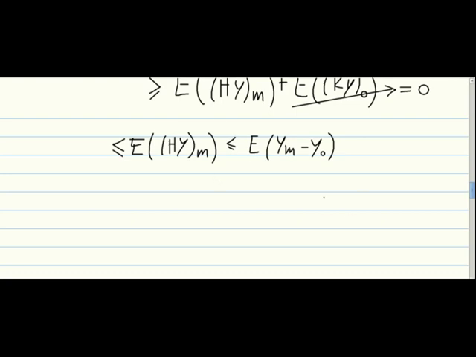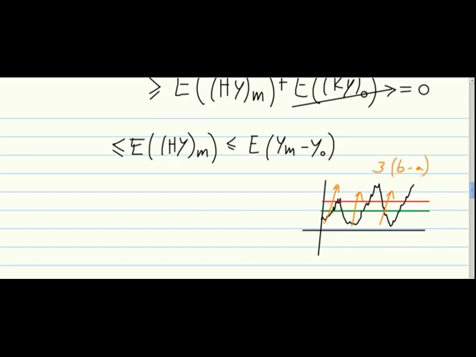So if you go back to that graph there, if our stocks cross these lines U times, from bottom to top 1, 2, 3 times, it means that this strategy made at least 3 times B minus A profit.